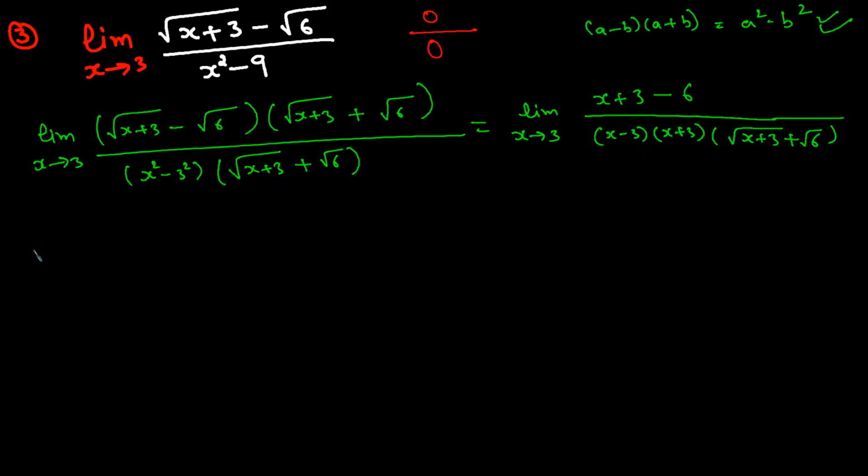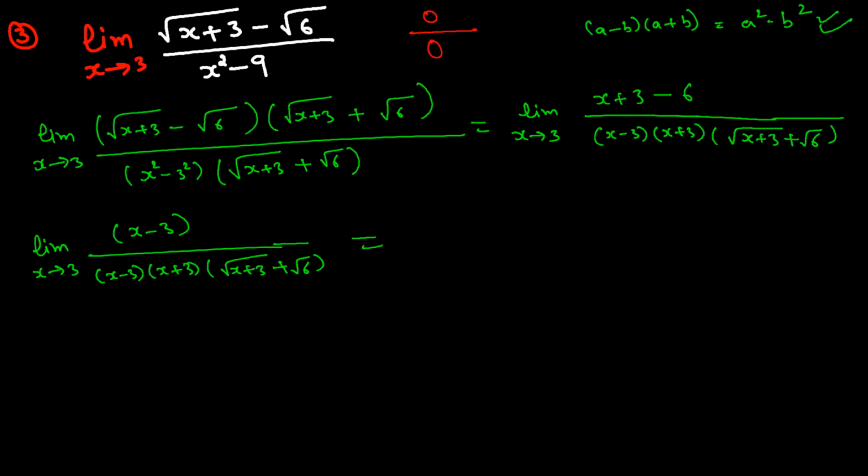Okay, let's simplify the numerator. So x plus 3 minus 6 gives me x minus 3, divided by again (x minus 3)(x plus 3) into square root of x plus 3 plus square root of 6. Okay, so these two will cancel out, gives me 1.